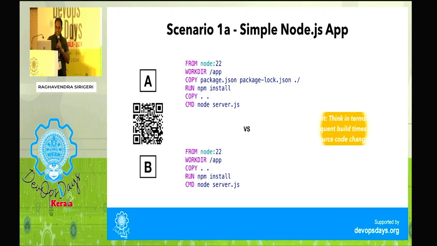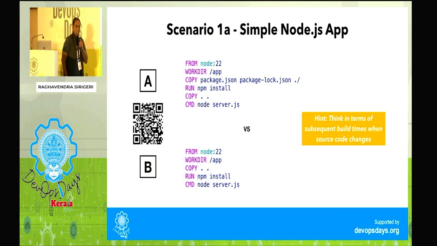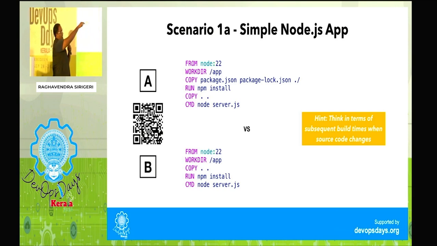So, a small hint: think in terms of subsequent build times when source code changes. Which is the file that you are constantly changing? Server.js, because you're coding continuously and changing code there, right? So what happens is these layers are all cached.